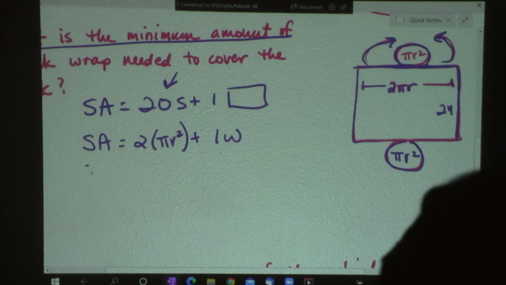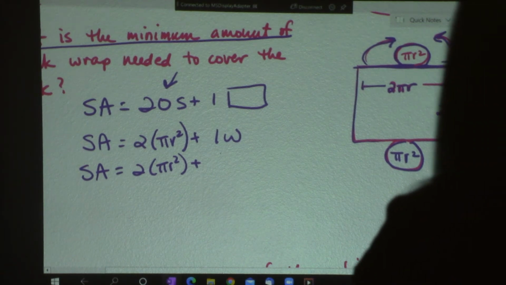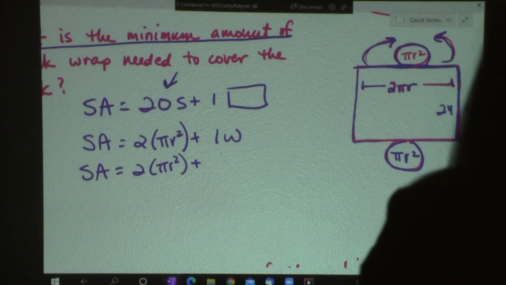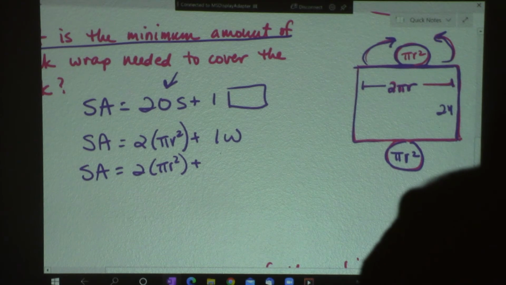All right, so I'm going to have 2 circles, and then I'm going to have my length times my width, and the length is 2 pi r, and the width is 24.